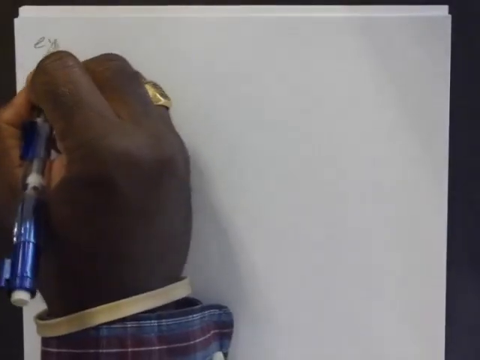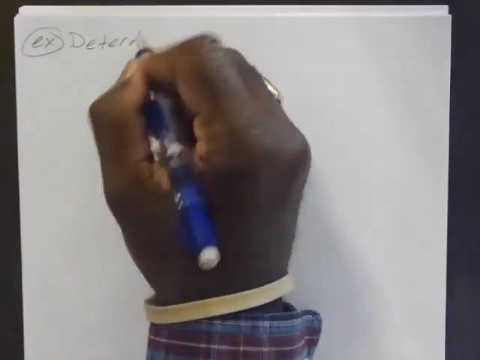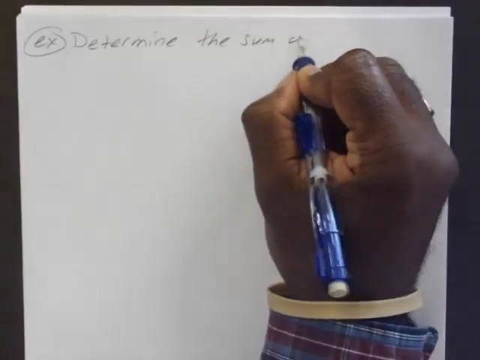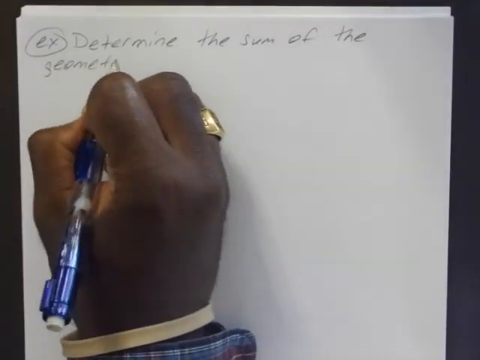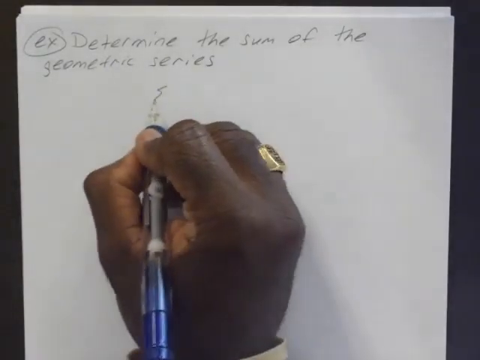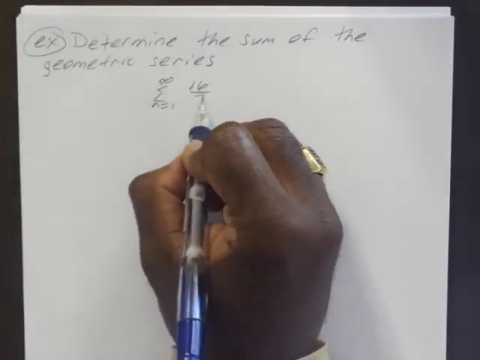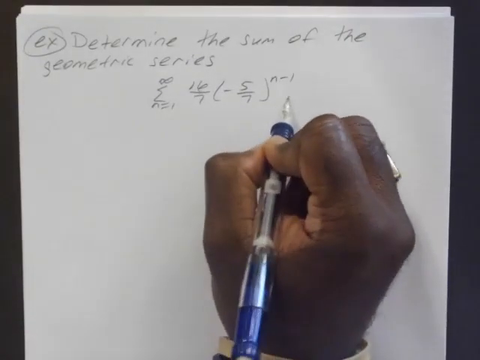Now, if they ask for the sum of the geometric series, so let's say we want to determine the sum of the geometric series, the sum from n equals 1 to infinity of 16 divided by 7 times negative 5 over 7 to the power of n minus 1.